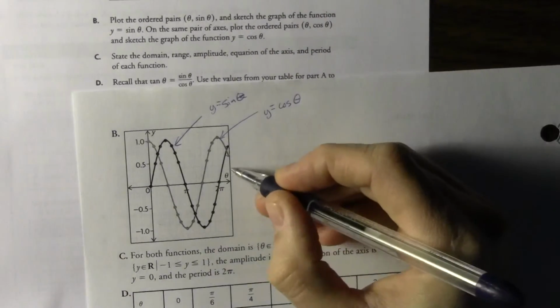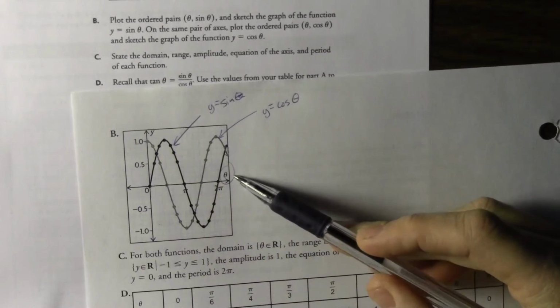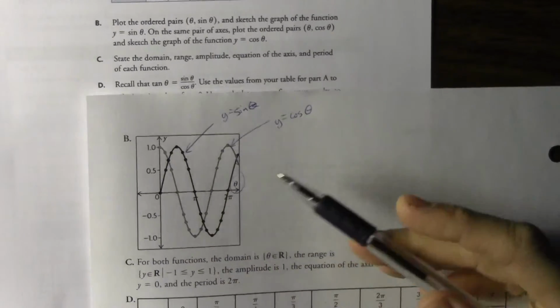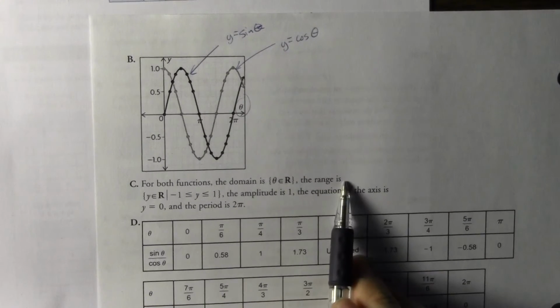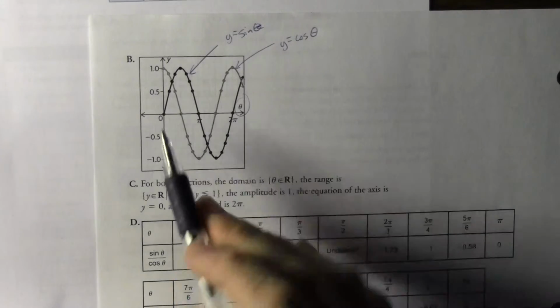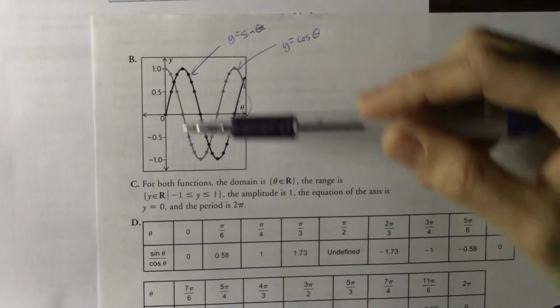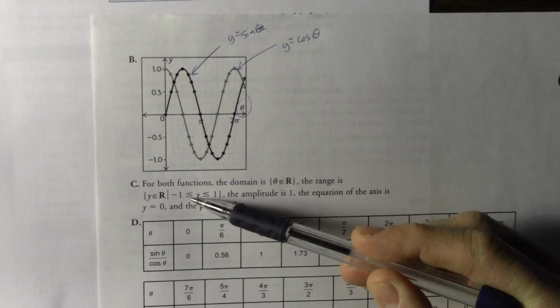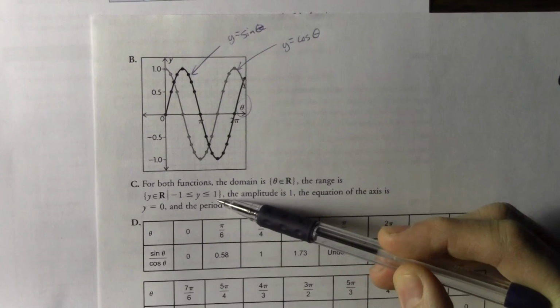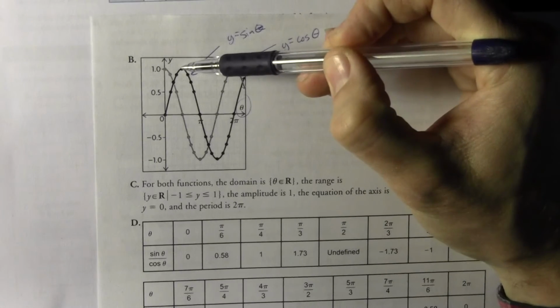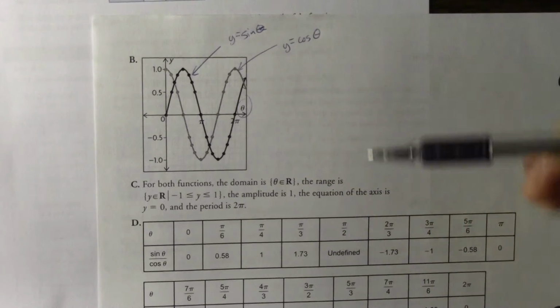Remember, this is not x, they've plotted it as theta. So your domain here is going to be theta is an element of the real numbers. I think that's pretty self-explanatory. The range is between -1 and 1. So our range is y is greater than or equal to -1, and less than or equal to 1. And it's equal because it actually does touch that point of 1.